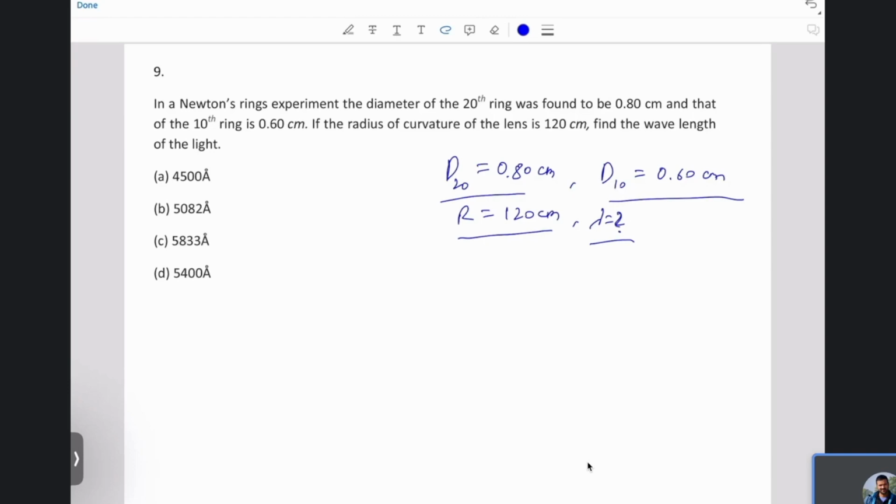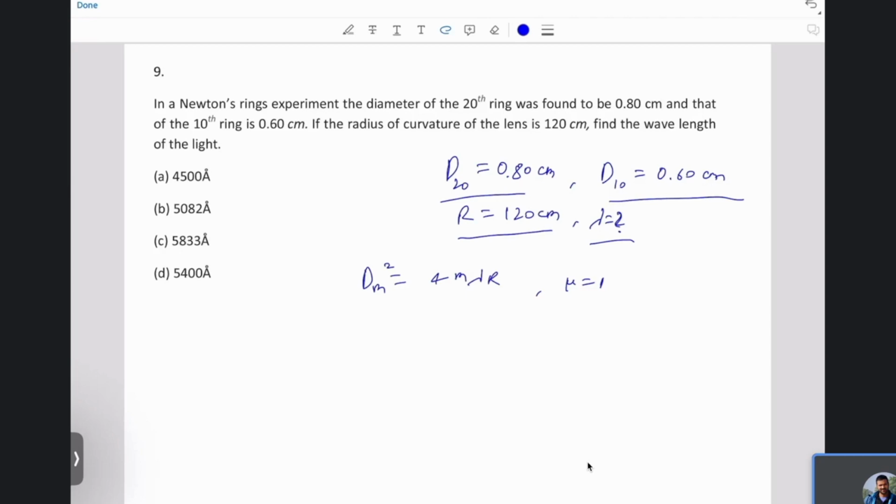We can use the same formula that we used last time, which is Dm square is equal to 4m lambda R, considering that the medium here is air, which means the refractive index is just 1.